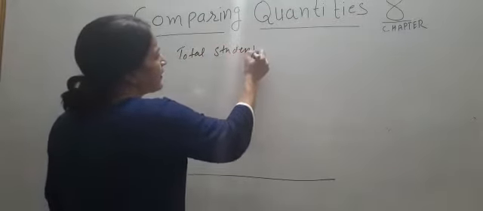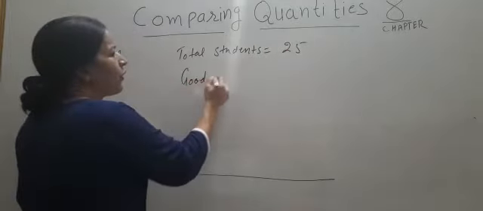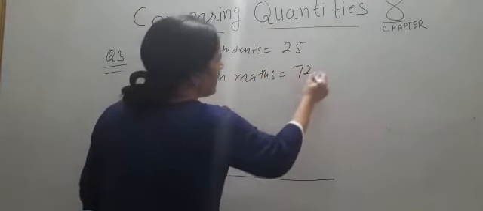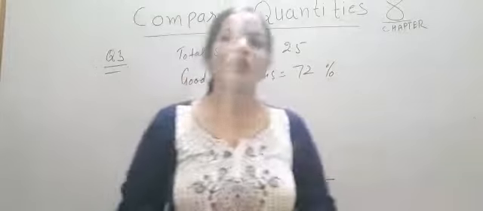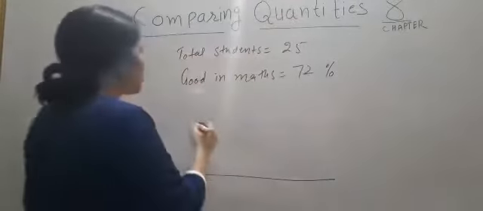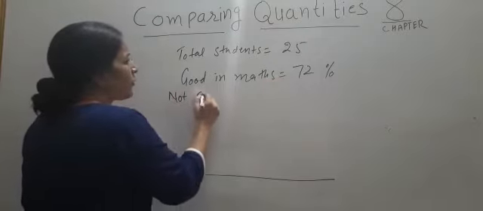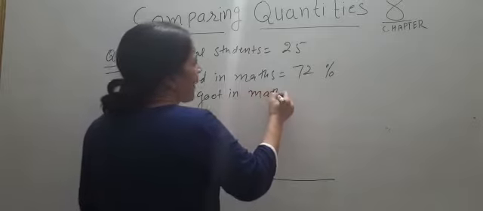Total students 25. Good in maths 72%. You have to find the number of students not good in maths. But you know the percentage.